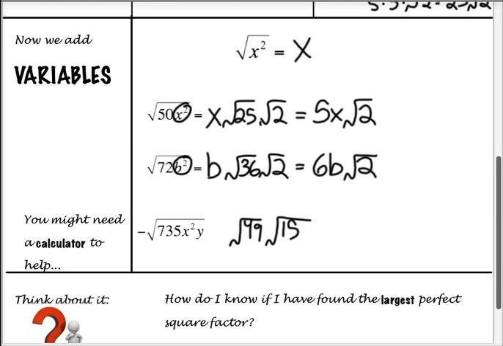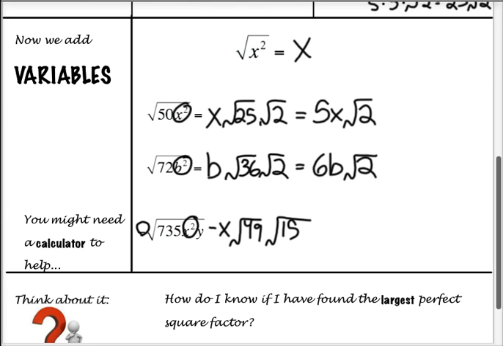Let's talk about the rest of this. The first thing I'm noticing is that negative outside. Okay, that negative is still going to be there. Notice the x squared. That's going to pull out as an x. So on the outside, I had that negative x.